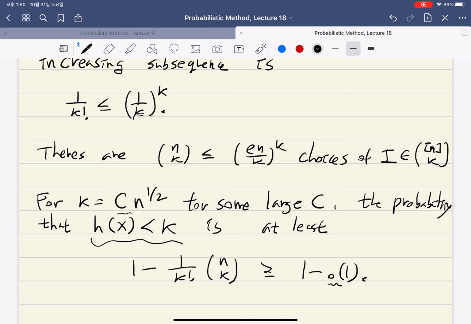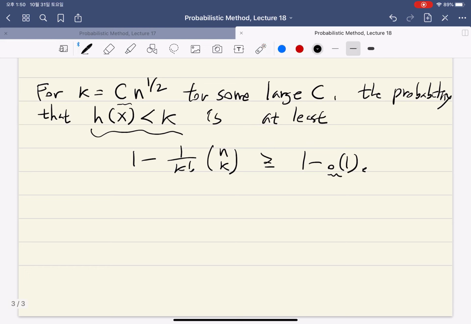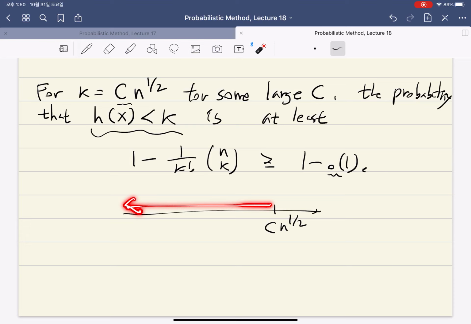As long as C is some large number, this goes to 0 as n goes to infinity, because k and n are both big. So we have c times n to the half, and the probability that it lies below here is 1 minus o(1). That means the median is below here.